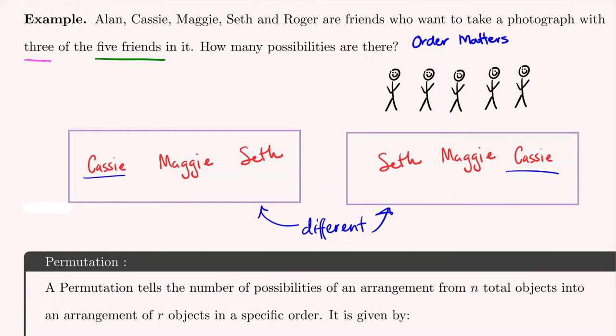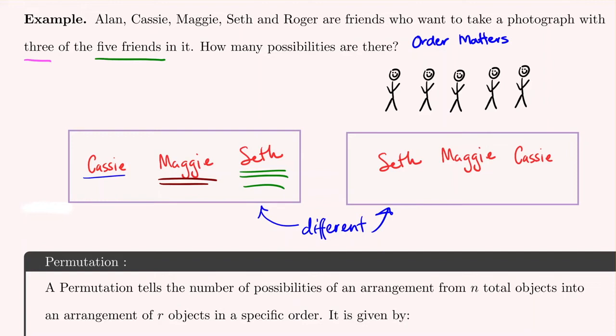Now this is just 2 examples, 2 possible ways the friends could choose to stand up together. And I need to find all possible ways. So what happens is I have the 5 friends here, and each photograph is basically determined by who stands in the first position, who stands in the middle position, and then who stands in the third or the furthest right position.